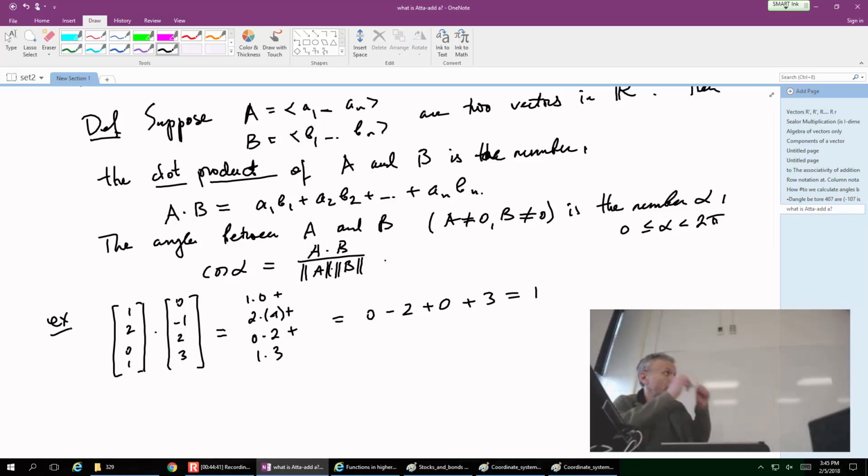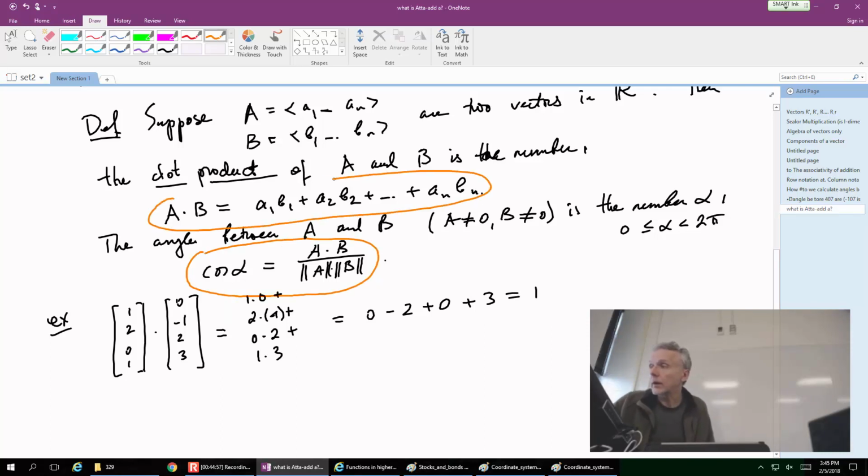Remember, by the way, this is probably important to connect the two. What do we know about cosine? This is the most important formula here.